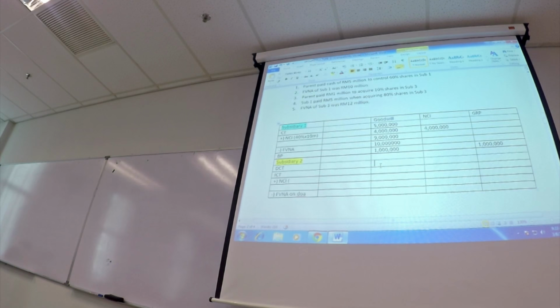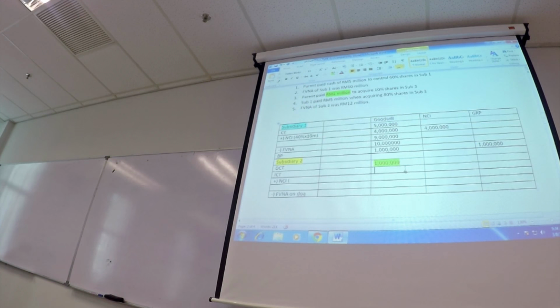Here, the direct is 1 million, so you just put 1 million under the column direct consideration transferred. This 1 million is actually this 1 million. That 1 million the parent paid directly to subsidiary 3.